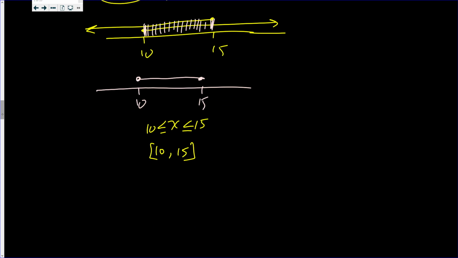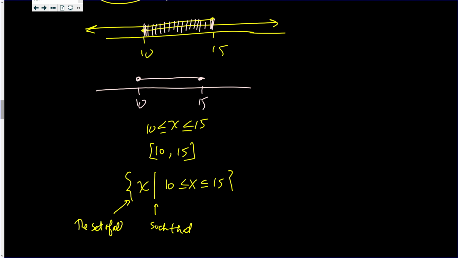Some teachers like set builder notation. The set of all x such that x is between 10 and 15. This bar means such that, and that bracket means the set of all.